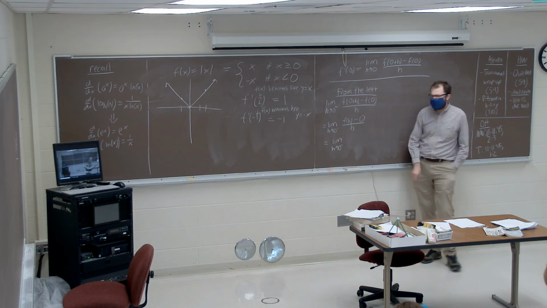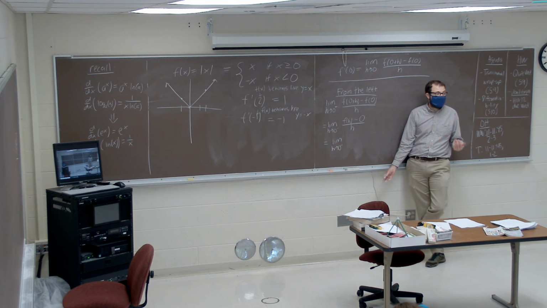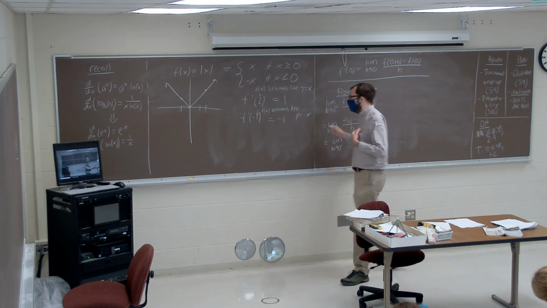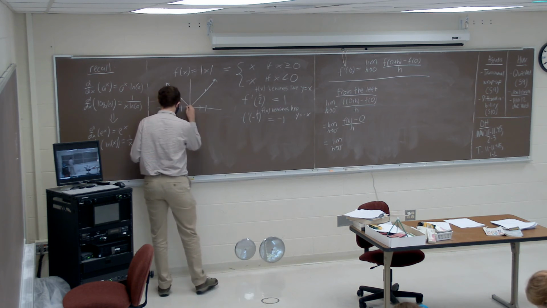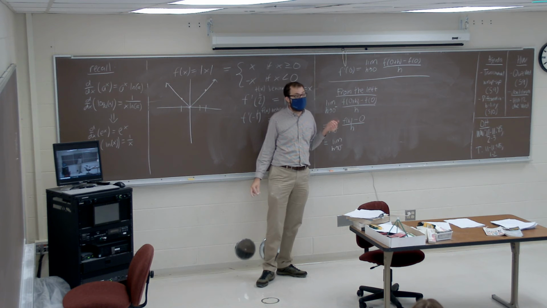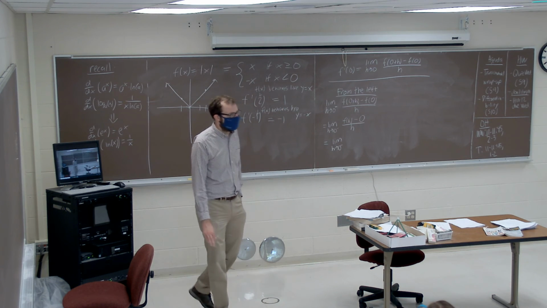And here's the tricky part. As h is approaching 0 from the left, meaning we're looking at values of h that are a little bit less than 0, just a little, like -0.1, -0.01, etc., how can we write what f of h is going to look like a little bit to the left of 0?